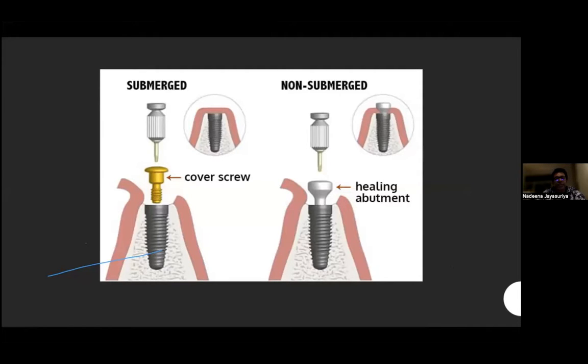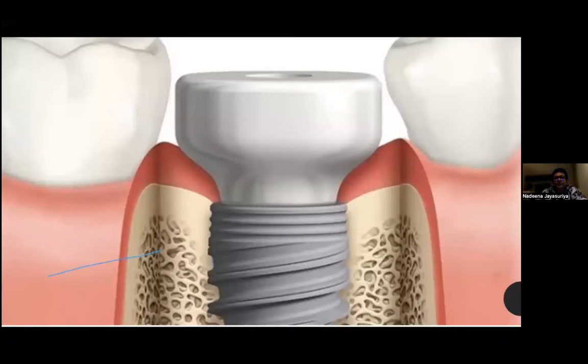So that depends on how you want to proceed to the prosthetic part. But understand, if you're going to put a healing abutment, you have to have a good primary stability of the implant, otherwise it will fail. So a nicely healed implant with a healthy gingival color, that is our objective in the surgical part of dental implants.